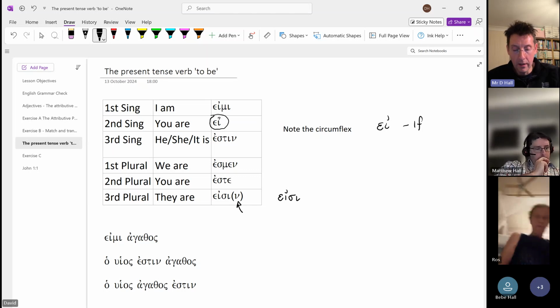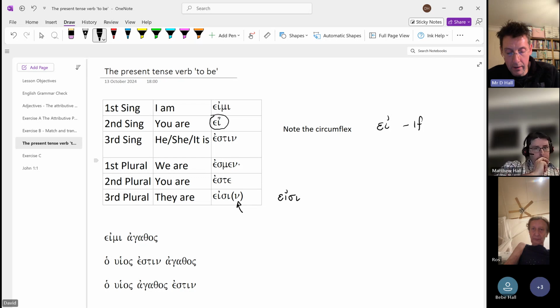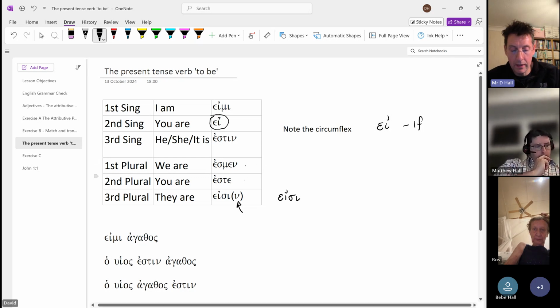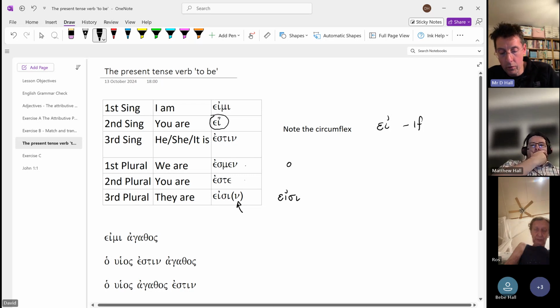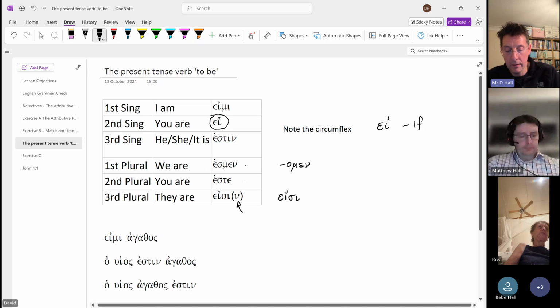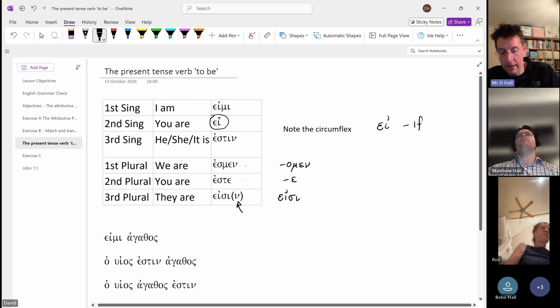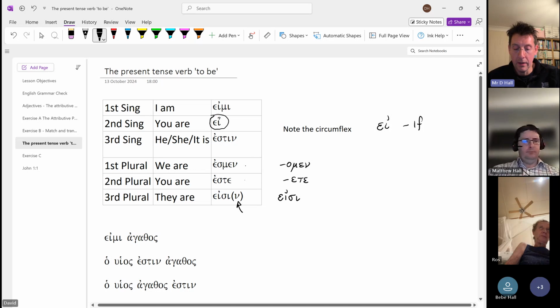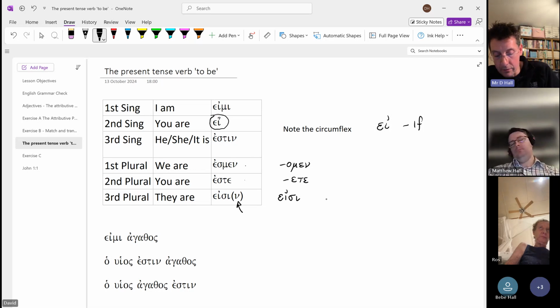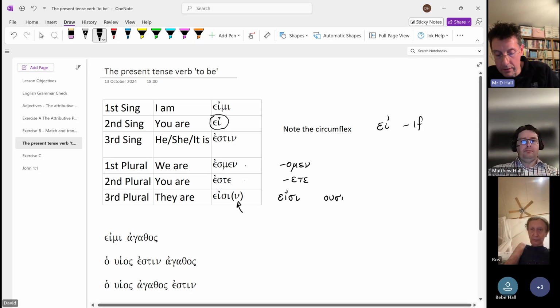All right. You'll notice the endings here are similar to the endings that you have learned already for verbs. So you'll recall, of course, that the normal ending is omen, and then you've got ete. All right, so they're kind of similar, and then even for this one, which is eisin, is also similar.